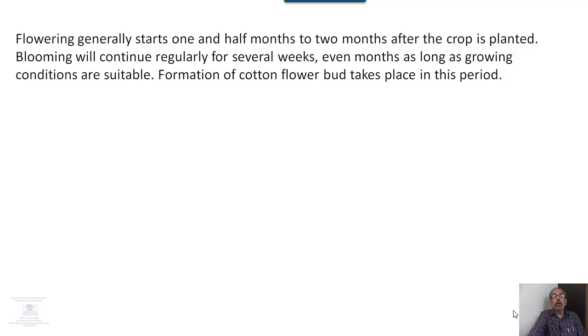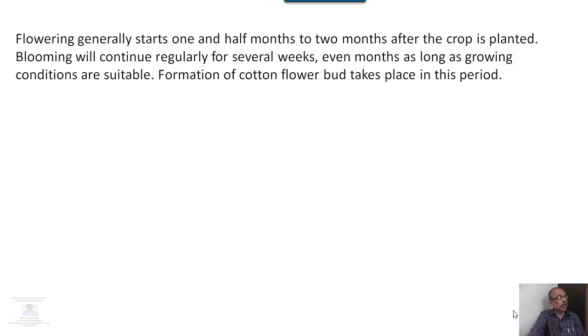Usually flowering will occur within a usual period of growth between 45 to 90 days. So 2 months after the crop has been planted, the blooming will regularly occur and the growth of the plant will take place first.